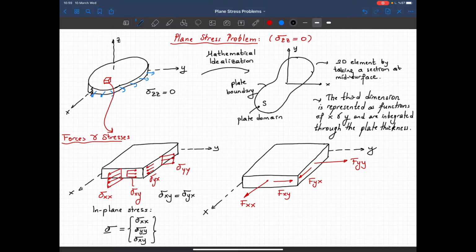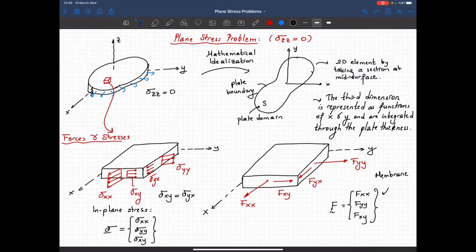So the internal forces for this plate element are fxx, fyy and fxy. These are the membrane forces.